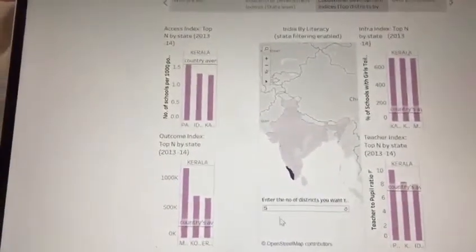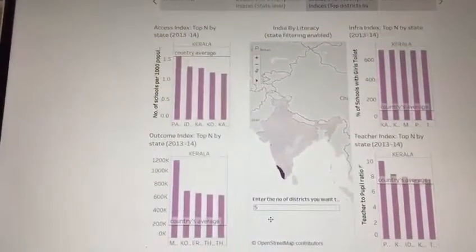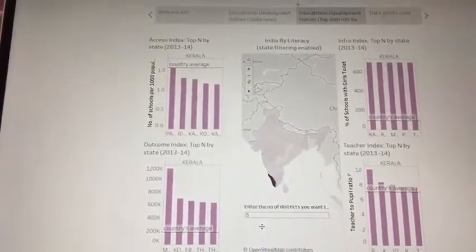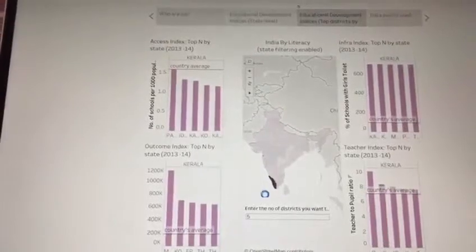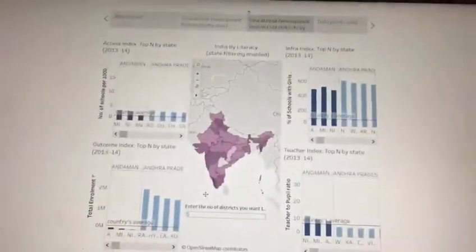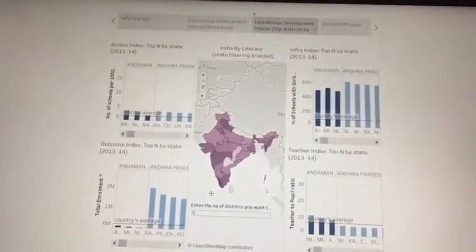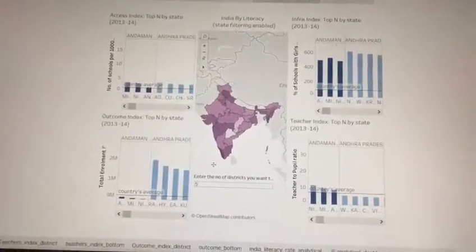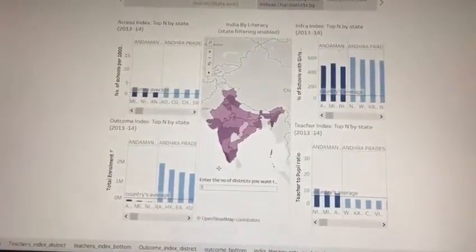Let me click on 5. This is interesting. Very interesting observation. This is helpful. Thank you. So this is how the district educational office can benefit from this dashboard, where they would be able to see which districts are performing well and which districts need improvement.